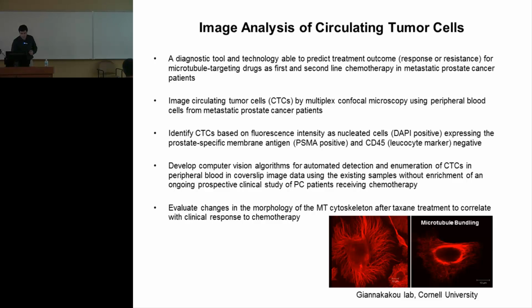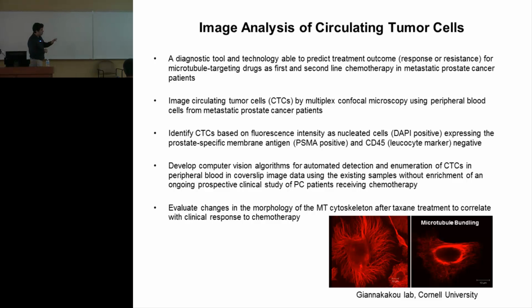So the idea of this project is to develop a computer vision algorithm which can serve as a diagnostic tool. And then what we want to do is to predict response to treatment of microtubule targeting drugs.